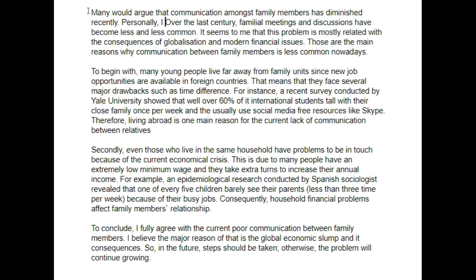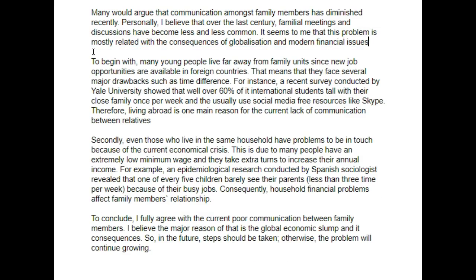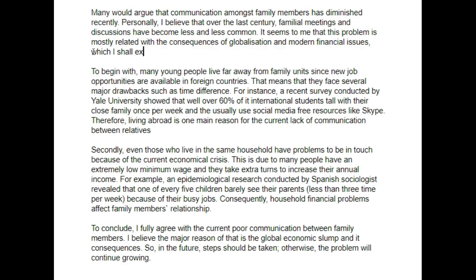Personally, I believe that over the last century, familial meetings and discussions have become less and less common. It seems to me that this problem is mostly related with the consequences of globalization and modern financial issues. Which I shall explore further below.